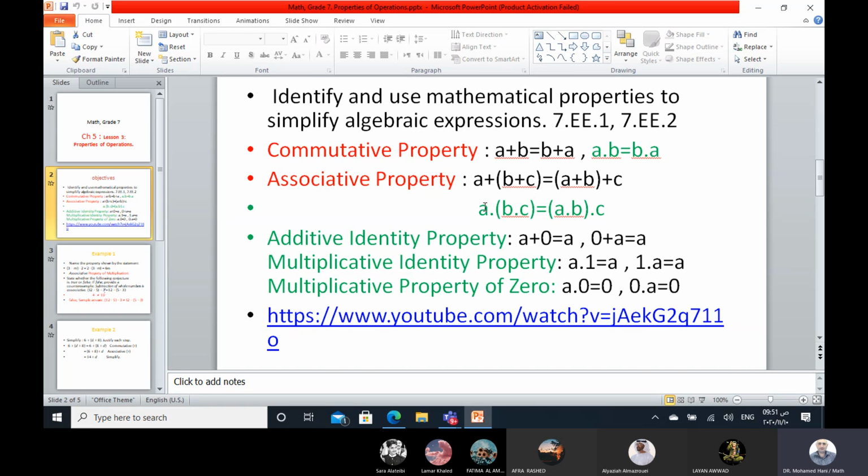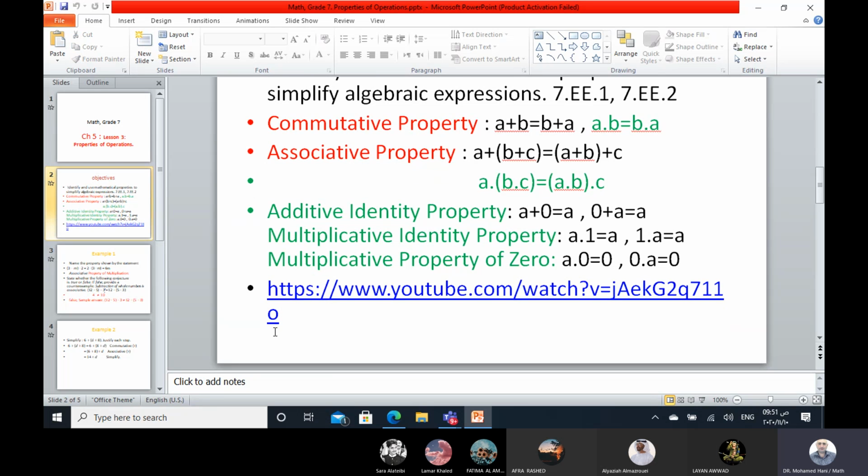For multiplication, A times (B times C) equals (A times B) times C. This is the meaning of associative property for addition and for multiplication.